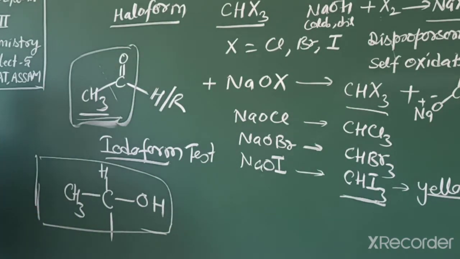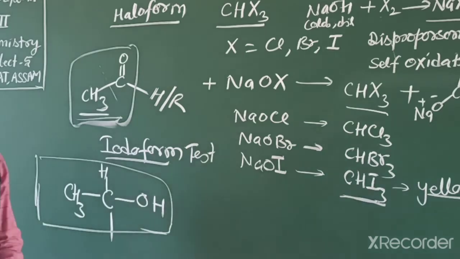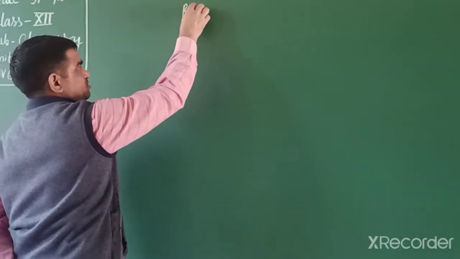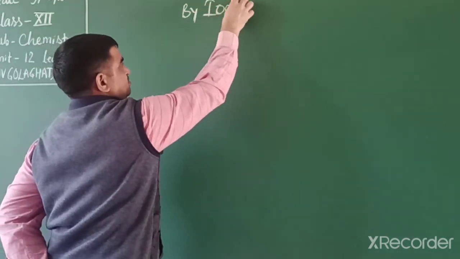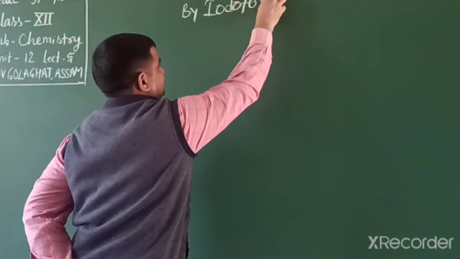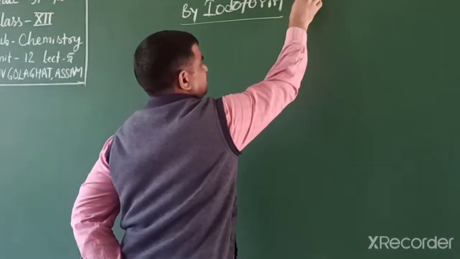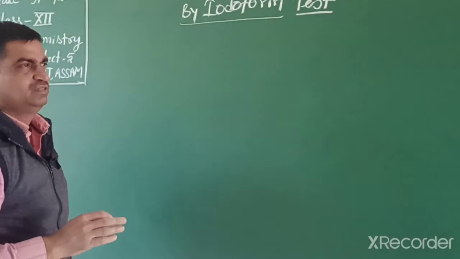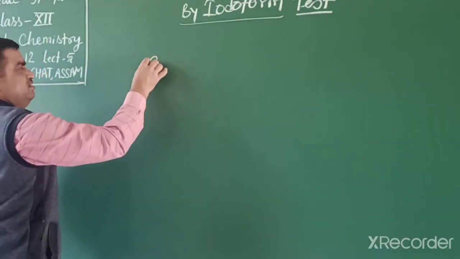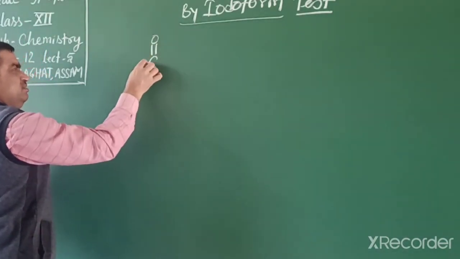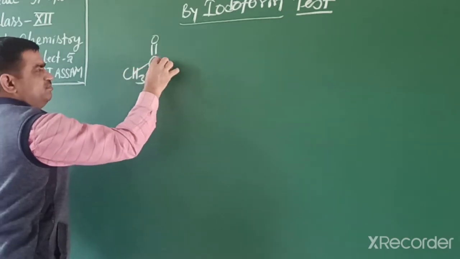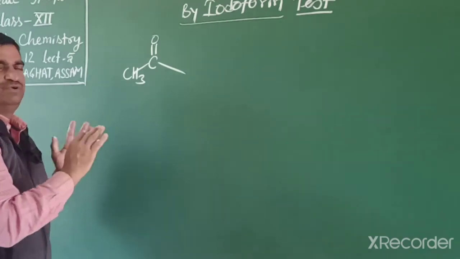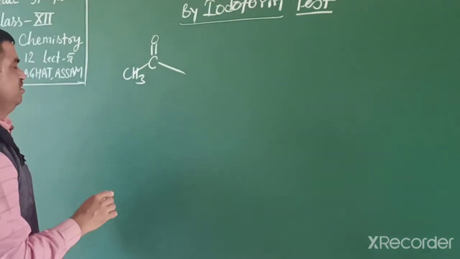Now we summarize this reaction. By the iodoform test, we can distinguish methyl ketones and aldehydes, compounds having the CH3CO group. And this test does not affect multiple bonds, meaning double bonds.